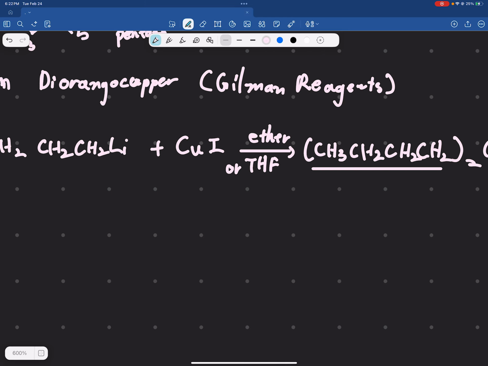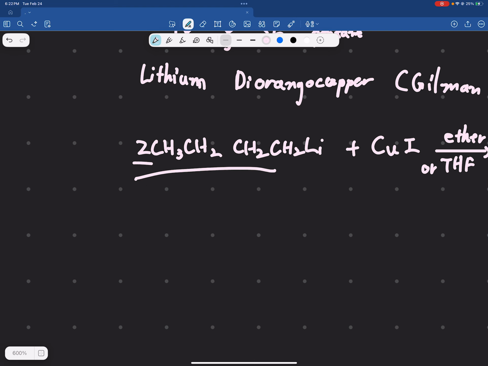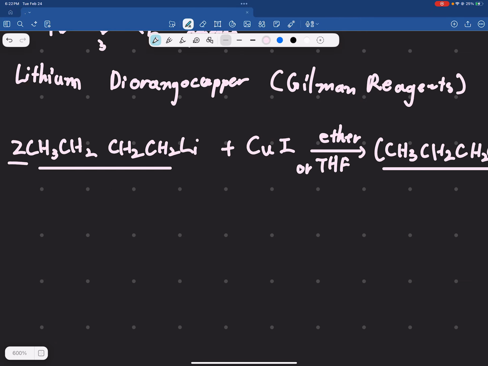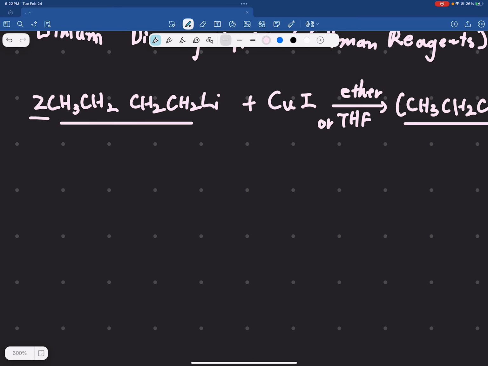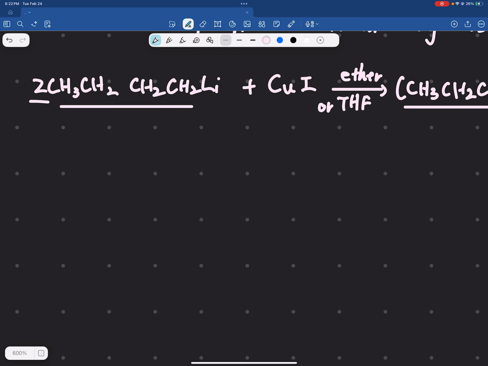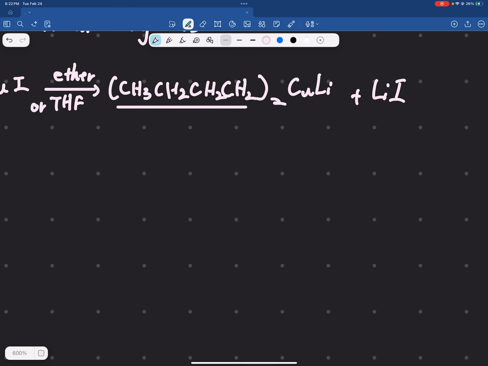This part is going to be the same as this part right here. So the two organic groups of this compound are associated with a copper whose oxidation state is 1+.